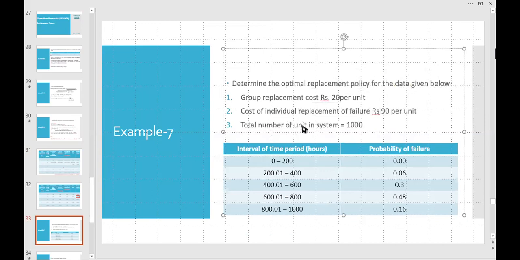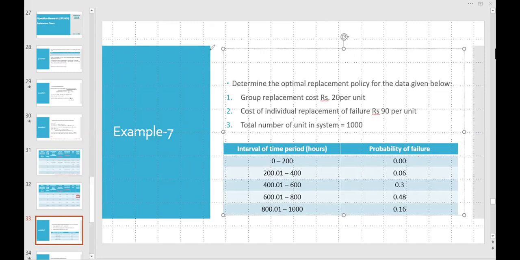Now the total number of systems is again 1000, but here instead of giving the data in terms of months or weeks, it has been given in terms of 200 hours. So the first slot is 0 to 200, second is 200 to 400, third is 400 to 600, 600 to 800, and 800 to 1000. Here the probability is given.